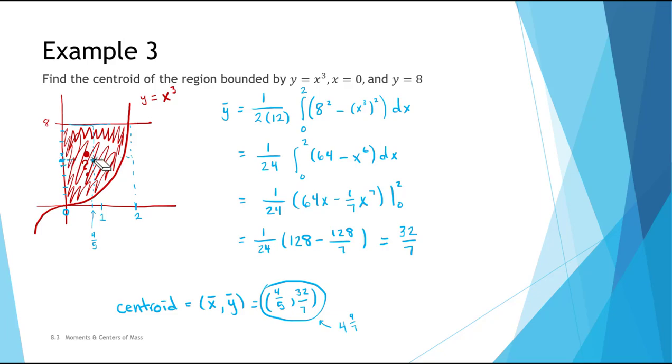And so our centroid is this point. So my estimate a little bit ago was a bit off, but still within the realm of believable. Okay, and then as a reminder, if I took this plate, this lamina, and I centered it on a stick or on my finger right here at this point, it would balance, it would not tip.